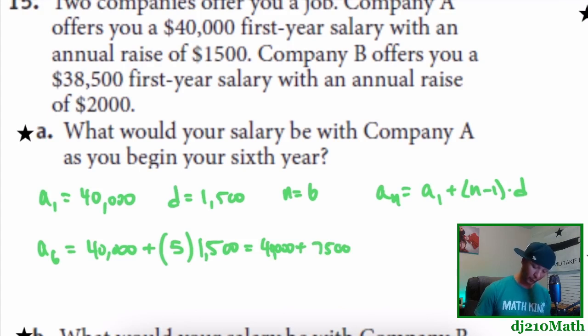So 75, so 47.5. So if you get a $1,500 raise every year, that 6th year you're looking at 47.5.